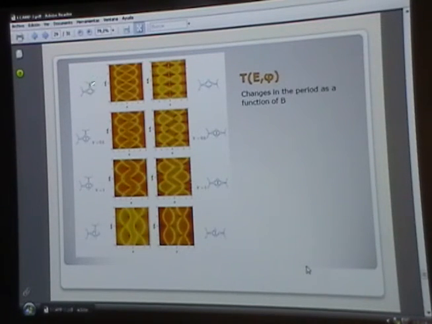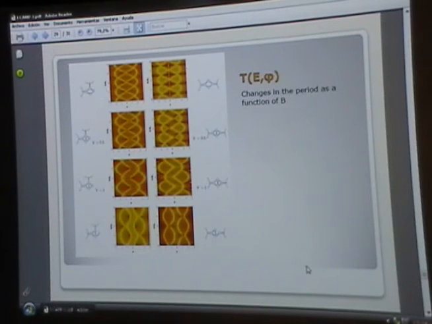So this is for B equal to 0 in both cases, B equal to 0.5, B equal to 1, and in this case we have disconnected two quantum dots, quantum dot 2 and 3, as in the experiment, to see the effects on the transmittance. This is the transmission as a function of the flux in the vertical scale and the energy in the horizontal scale.